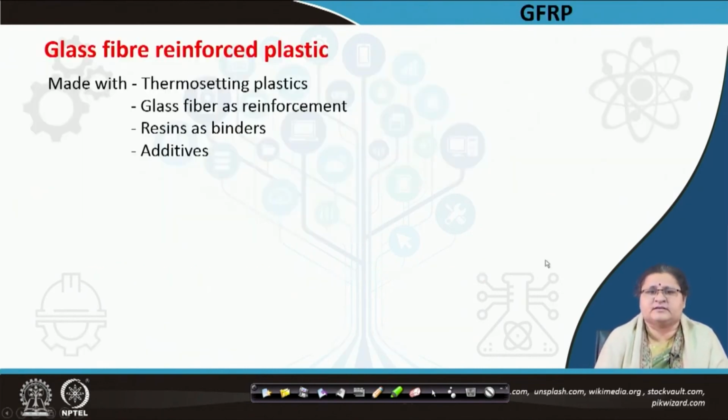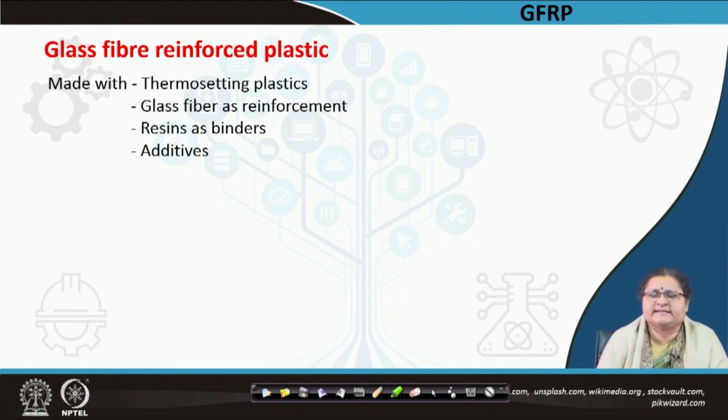The other is glass fiber reinforced plastic, that is GFRP, which is made with thermosetting plastic, which we will later on explain. Glass fiber is the reinforcement, these are the glass fiber rovings.